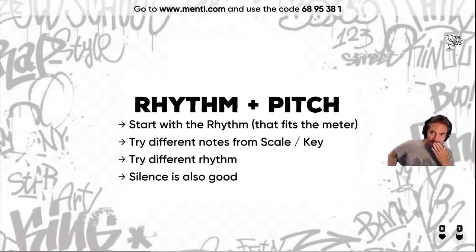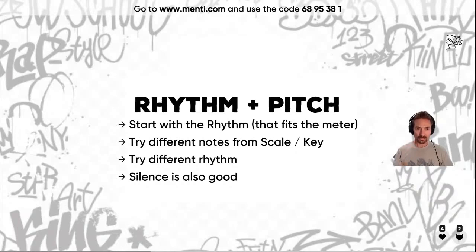All right, so we're talking about rhythm and pitch. We're trying to make a melody, right? So what we like to do first when we're going to create a melody is start with the rhythm, okay? That means you just sing a melody, but only the rhythm part. So you could be like, 1, 2, ready, go.